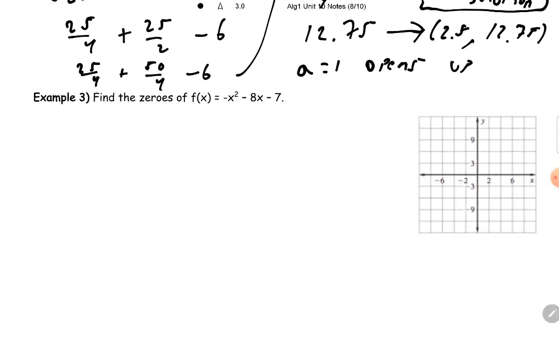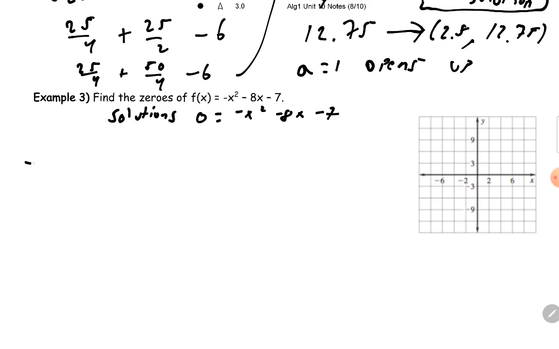All right, let's do another one. So find the zeros. The zeros are just a fancy way of finding the solution. Because what we do is we set the equation equal to 0. Okay, if we do that, I'm going to do it by the alternative method again, by factoring.